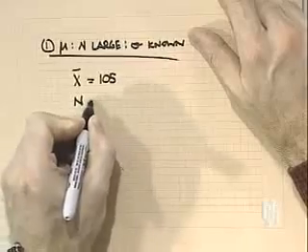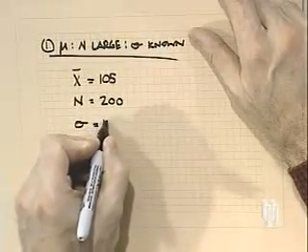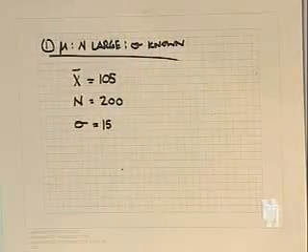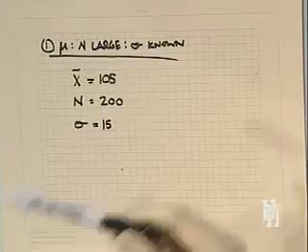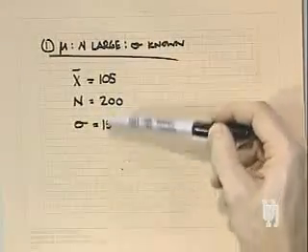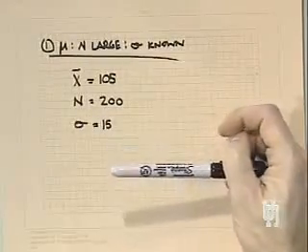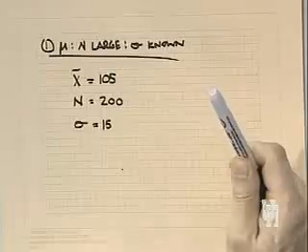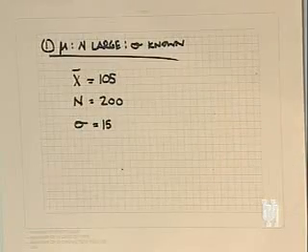What we know from this then is that X bar equals 105. We know that N equals 200, and we know that sigma equals 15. Would you agree? Are there any questions at all about any of these values? It's on page 163.